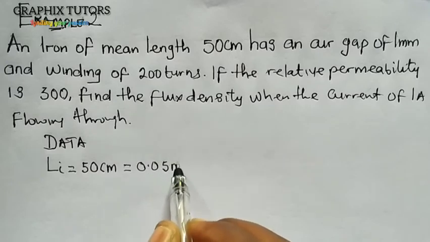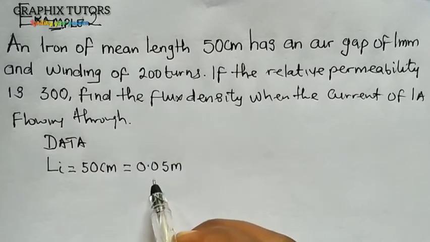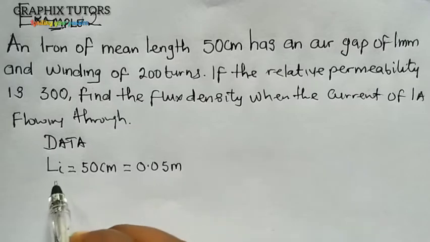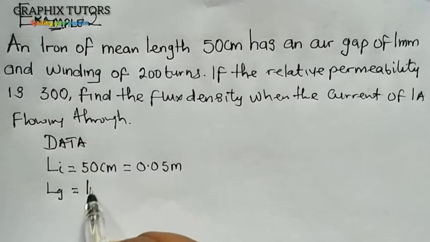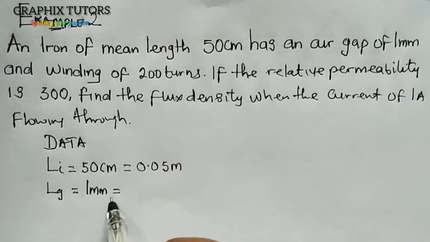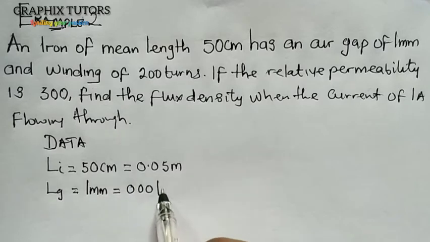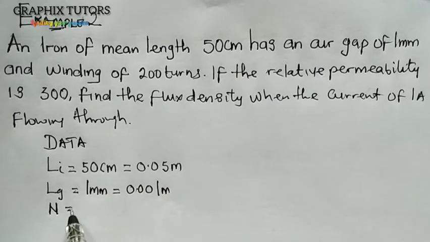If I convert it into meter, I'll have 0.05 meter. Now the next thing we are given here is the length of the air gap, LG, and that is 1 millimeter. If I convert it into meter, I'll divide 1 by 1000, and I'll have 0.001 meter. Now the number of turns of the winding is N, and that is 200.